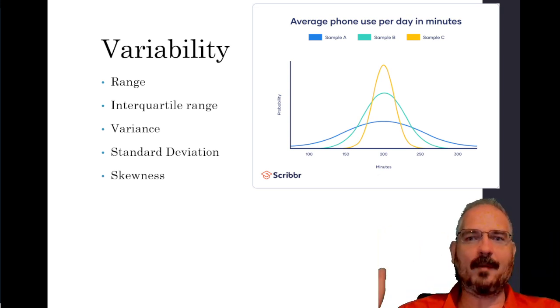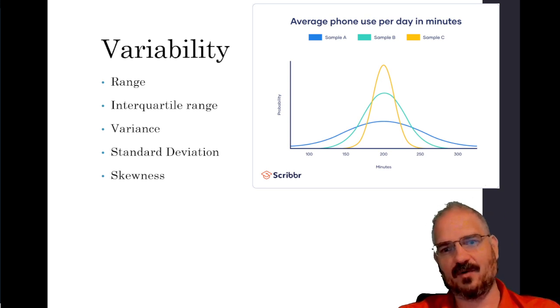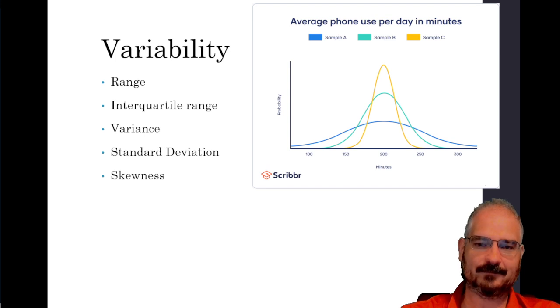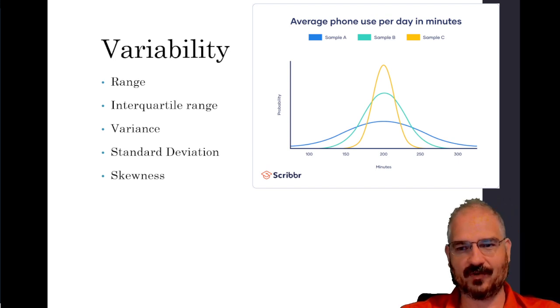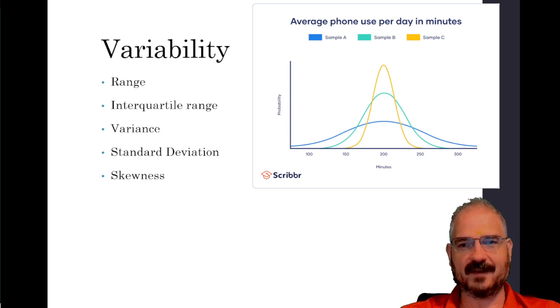So we want to know how much variability there is in our data. The simplest way to do this is the range. And that's just the difference between our maximum value and our minimum value, right? So if we take a quick look at this graph and just guesstimate based on eyeballing it, it looks like for the yellow line, our sample C for this image, the minimum value looks like it's about 150.